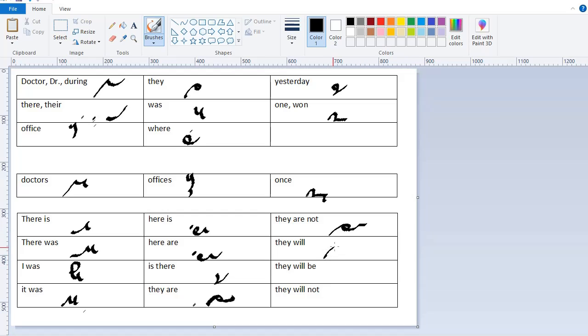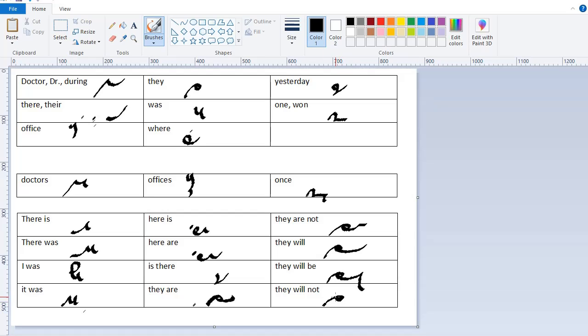Next, they will. So, we have they and then will. Will and well is represented by your L stroke. Next, they will be. So, we have they will and then be. Be, open parenthesis. Next, they will not.